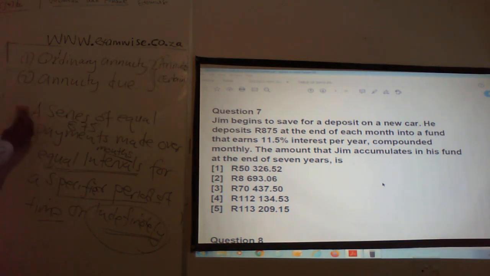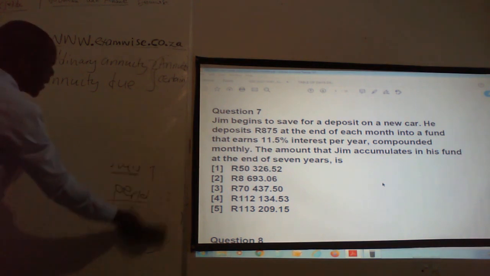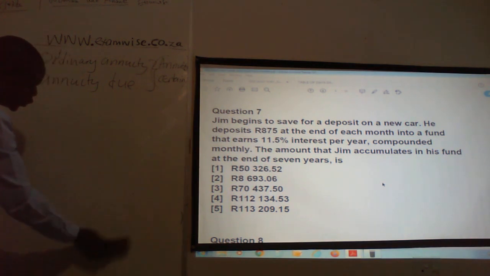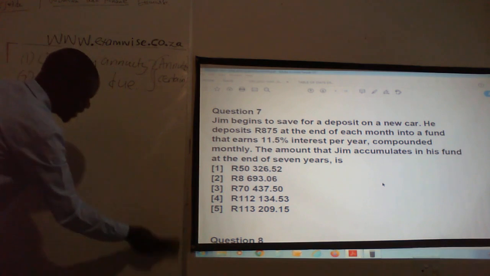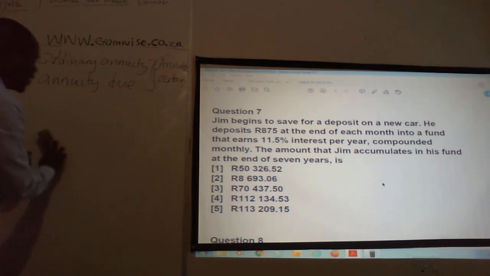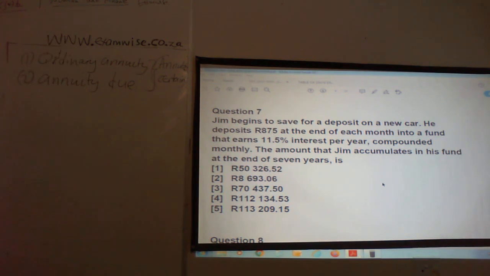We have to differentiate between an ordinary annuity and an annuity due, because that differentiation is very, very important. We shall start with our ordinary annuity.